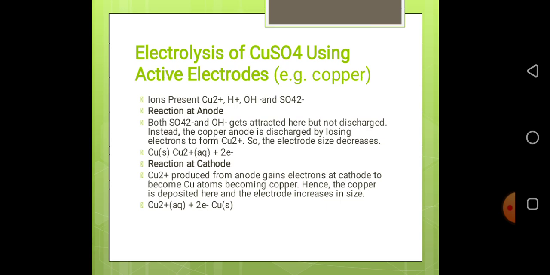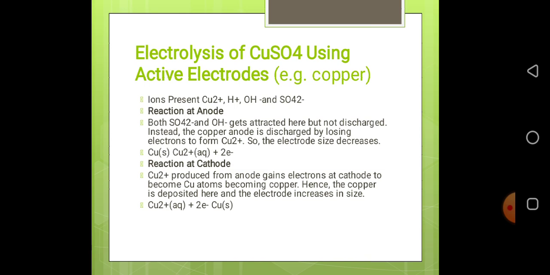Electrolysis of copper sulfate using an active electrode, for example copper. Let's see what will happen at the cathode and the anode. The ions present are the same as when using an inert electrode: copper 2 plus, hydrogen ion, and SO4.